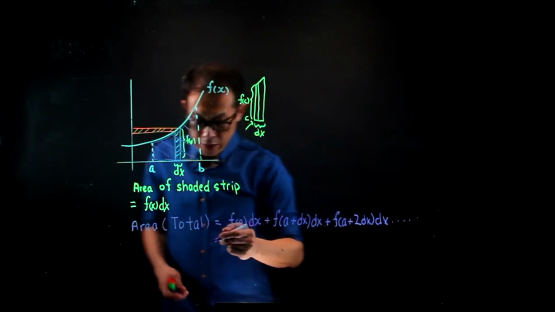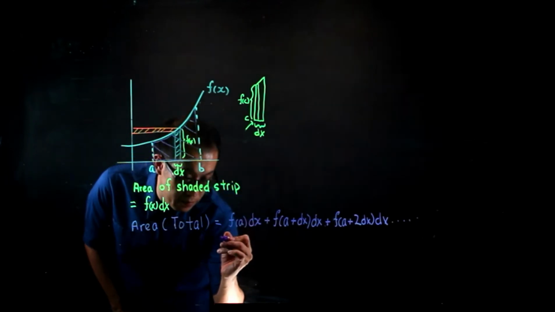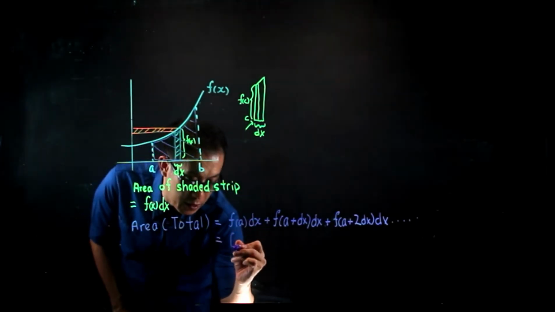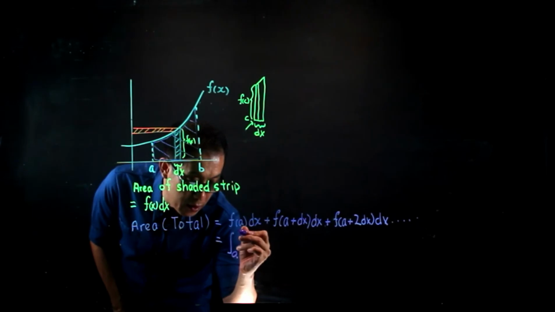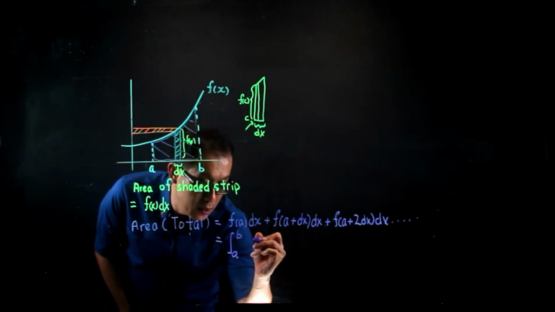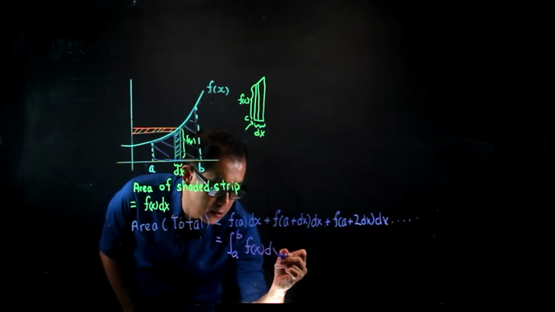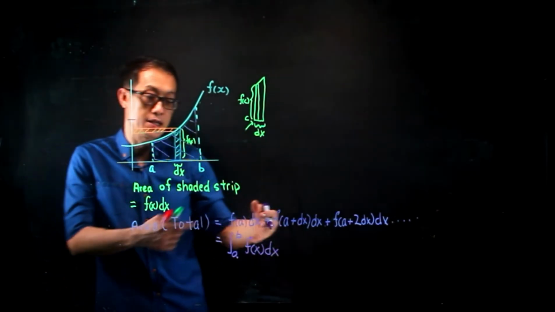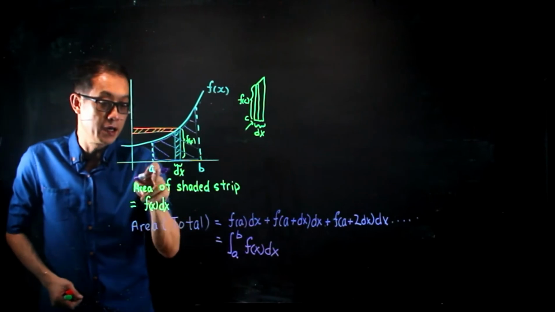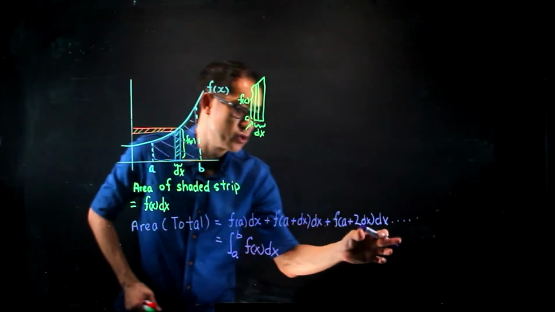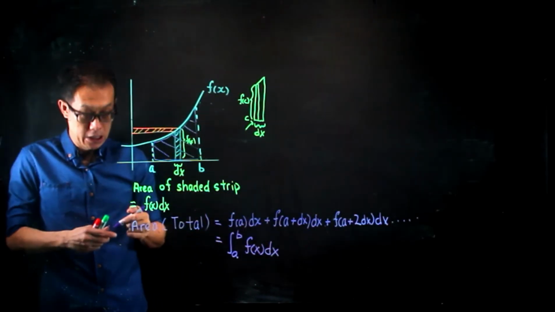Now we can rewrite it in this form: integral from a to b of f of x dx. Integration means the sum; you sum from a to b all these small strips.